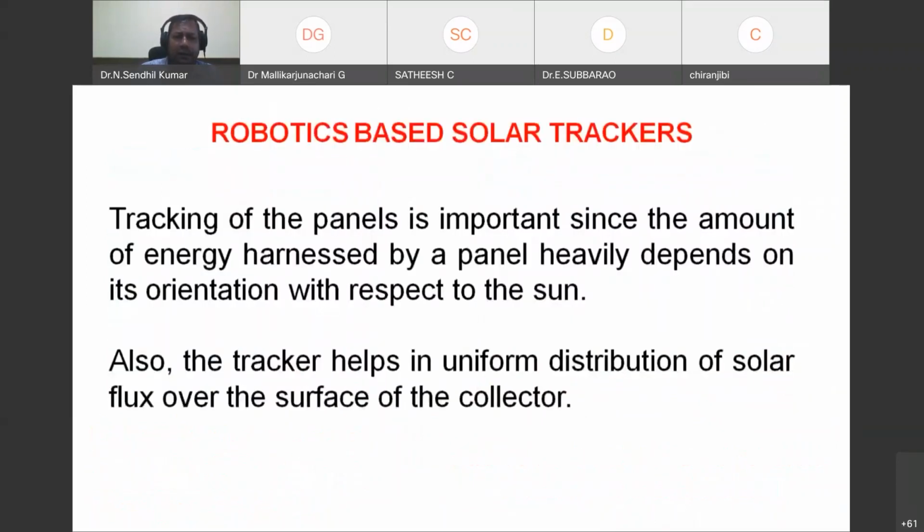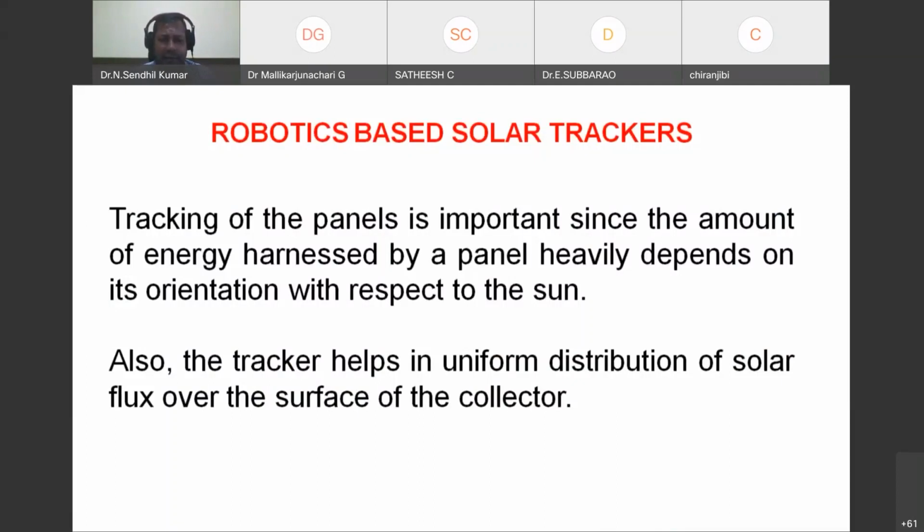And then the tracking system, which is another important thing. Whatever solar technology I showed previously, that is the concentrating type, concentrating photovoltaic and concentrating solar power systems. Concentrating means we need to track the sun continuously, from morning to evening. In order to track the sun, we need a perfect tracker.